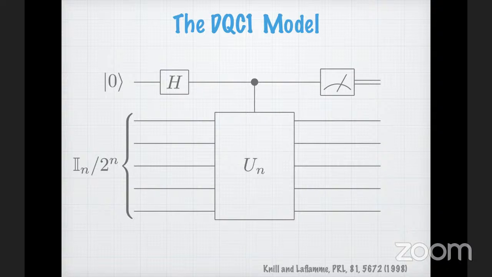And what you have to do is measure only the top qubit. Now, one of the interesting things there is that the n qubits on which the unitary is acting are in a completely mixed state. So in a sense, that unitary, whether it acts on it or not, has absolutely no effect on that state, because the completely mixed state remains completely mixed.